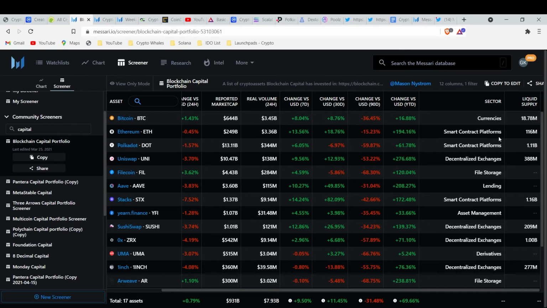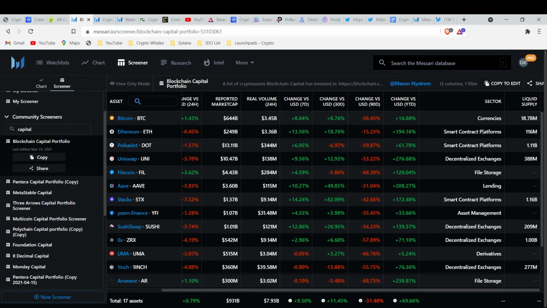So in this year, you might have heard of Bitcoin and Ethereum and DOT and Uni and all these big titans within the crypto space. But you may not know what problem they are trying to solve. In this case, you can see Bitcoin is listed as a currency.